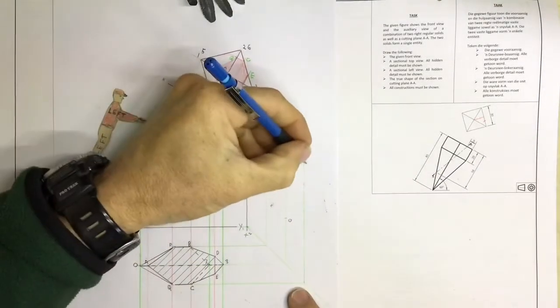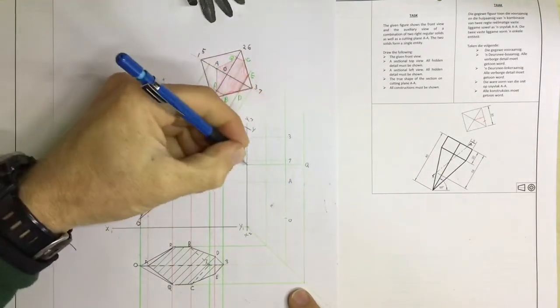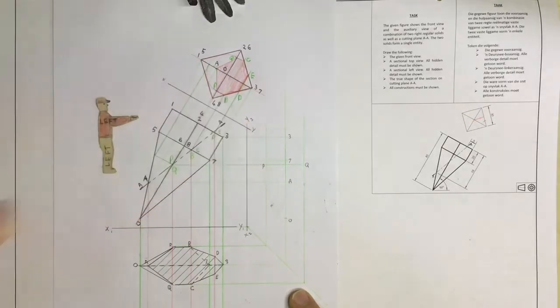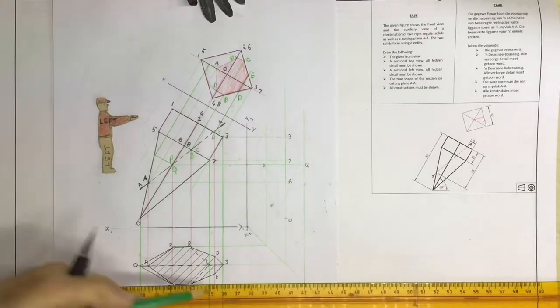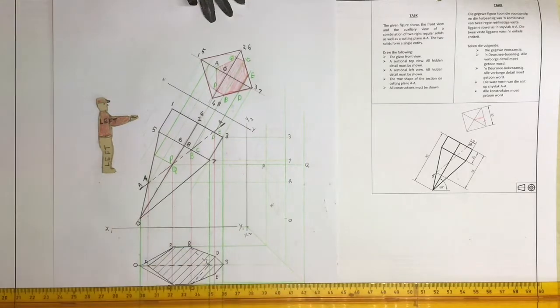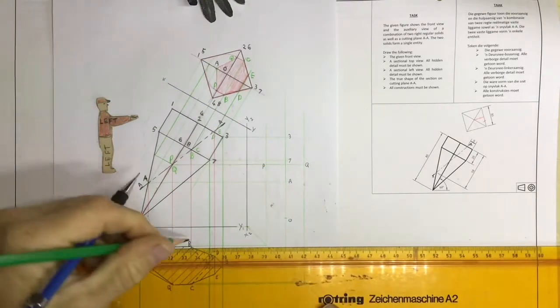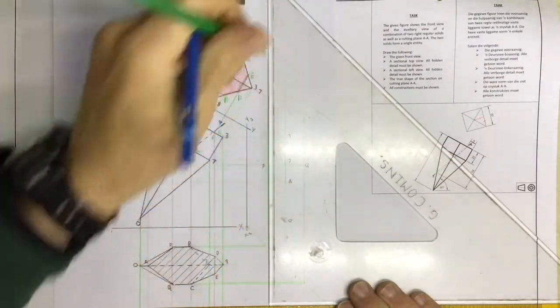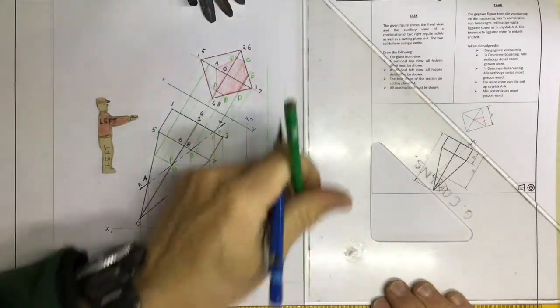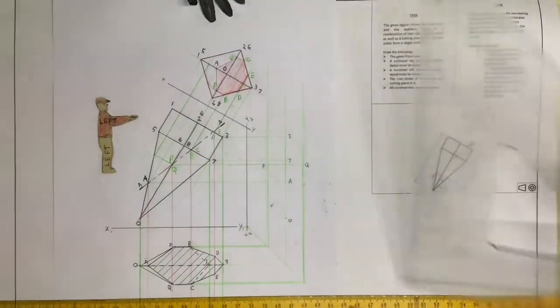That is Q over there. That is P over there. Right, once I've got that, let's take C and B across. C coming across. B coming across. Take those two lines up. Right, let's find B and C.